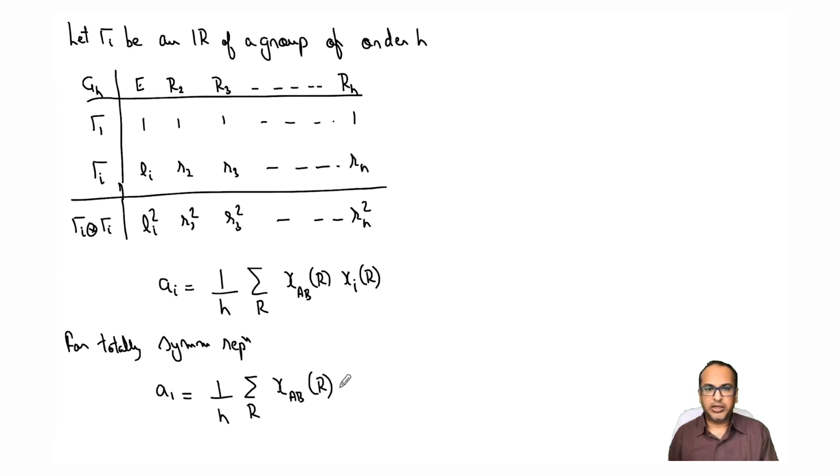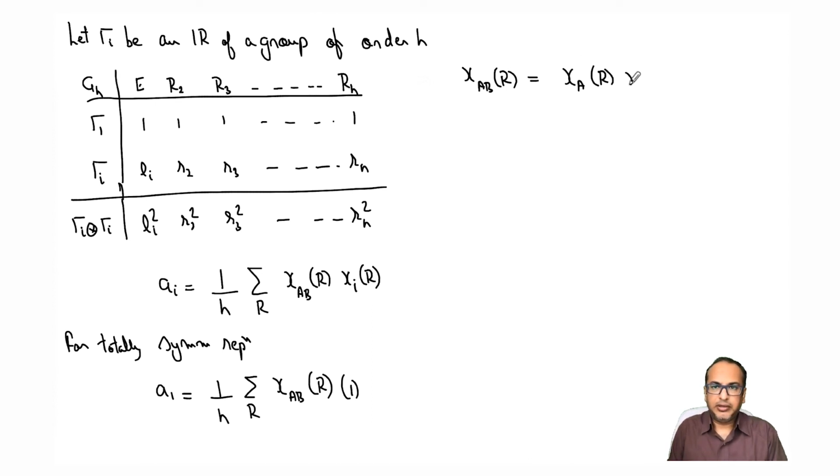So that product is not to be written there because this will be 1. It will always, for all R's, be 1. So this implies that I can write my character as chi A(R) chi B(R), right?